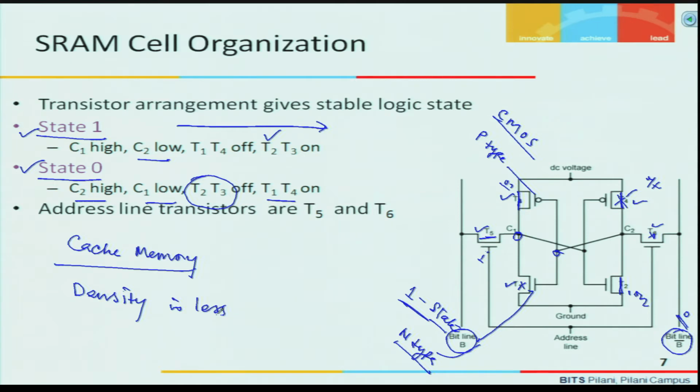Because more transistors are required, one cell will occupy more space. So, the number of cells which can be put on a single silicon chip will be less. So, density is less, that is why cost is more. It is suitable because it is faster, so that is why it is suitable for cache memory implementation.